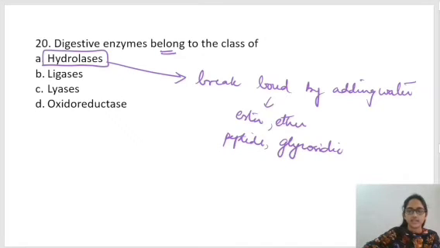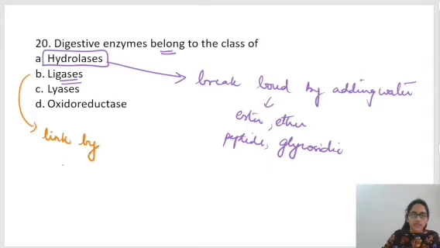What are ligases? Ligases are those enzymes that link molecules with the help of ATP. They are mostly carboxylases.